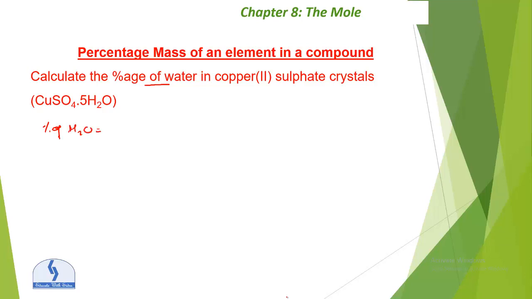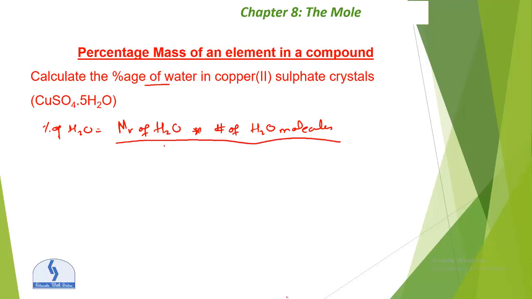Percentage of water is equal to the Mr of water multiplied by the number of water molecules, the whole divided by the Mr of copper sulfate, multiplied by 100%.